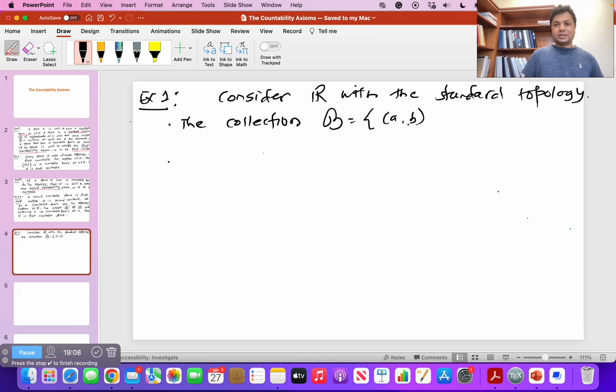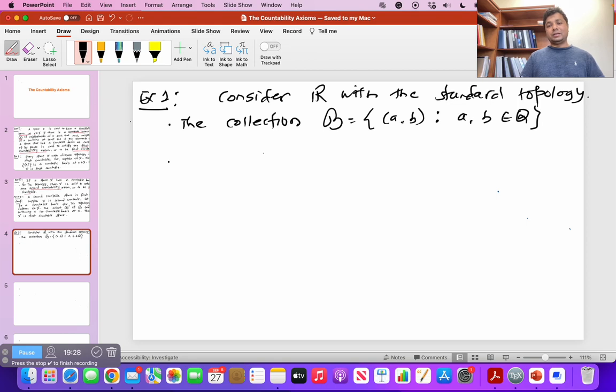This is the basis element for the standard topology, which you have seen before. Now here we are taking those open intervals whose endpoints are rational numbers. We know that the set of rational numbers is countable.